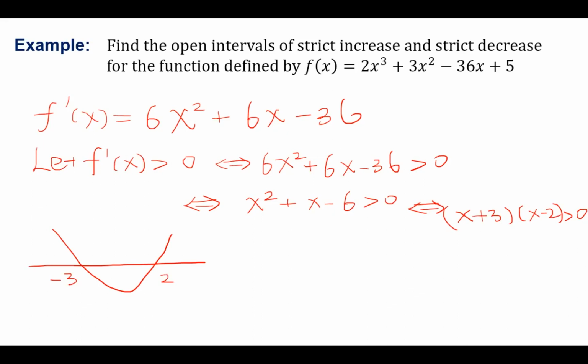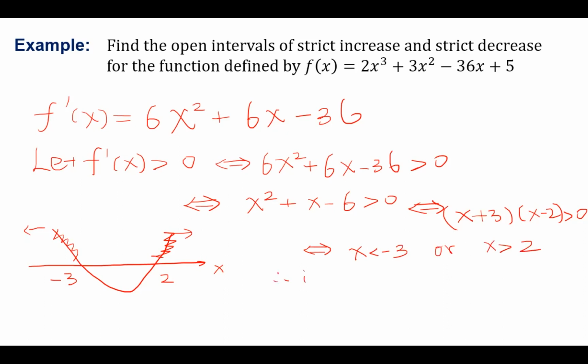So this function is greater than 0 means your independent variable x should be either to the left side of -3 or to the right side of +2. Therefore, this is equivalent to x is either less than -3, or x is greater than 2, right?